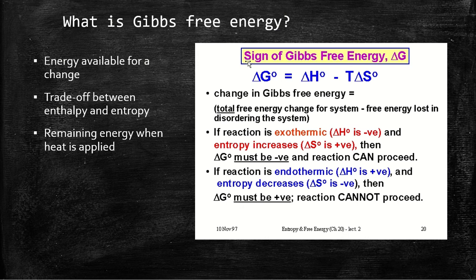That energy available is the result of the difference between the total free energy change for a system and the energy that gets lost while it's undergoing that change. So that difference, the energy that remains from that trade-off, is what's going to be remaining in your system.